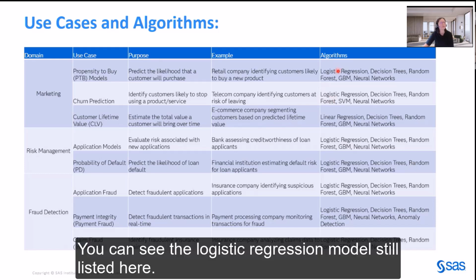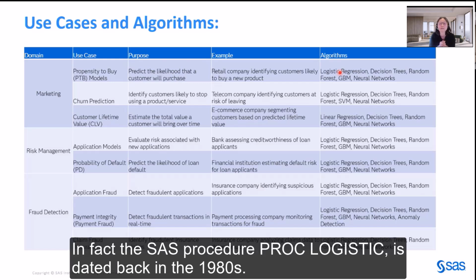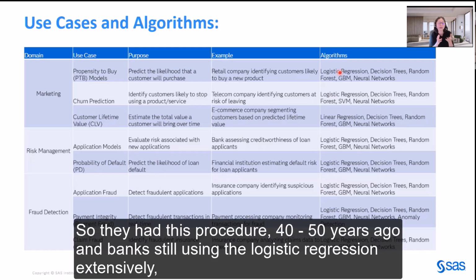You can see the logistic regression model still listed here. The logistic regression model is one of the oldest models. In fact, the SAS procedure PROC LOGISTIC dates back to the 1980s. So they have had this procedure 40, 50 years ago.